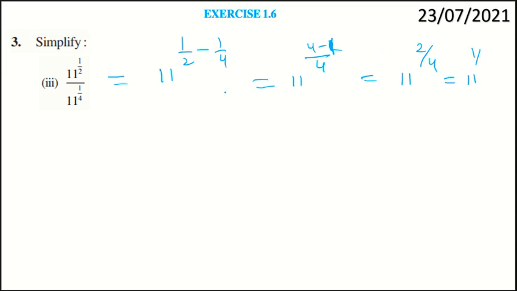Half minus 1 by 2 minus 1 by 4, 4 is the LCM, here 2 only comes, 2 minus 1, so 1 by 4, 11 to the power 1 by 4. In fact, it's simple, half minus quarter is quarter only. I went wrong here, you can understand that. It is just 11 to the power 1 by 4. 11 raised to the power 1 by 4 is the ultimate answer.